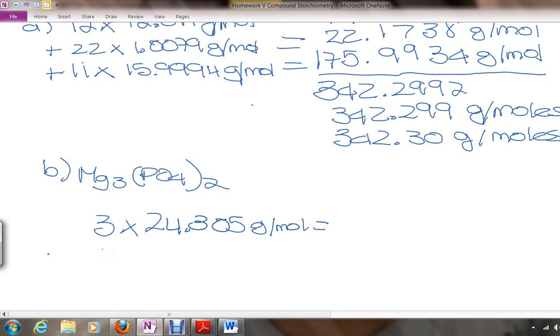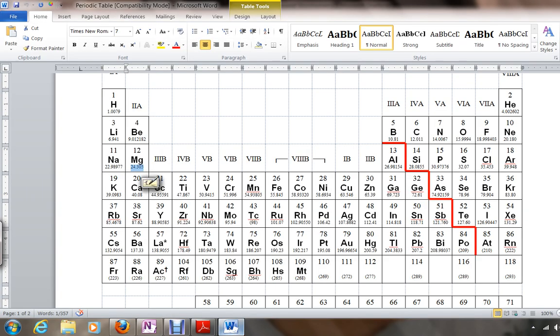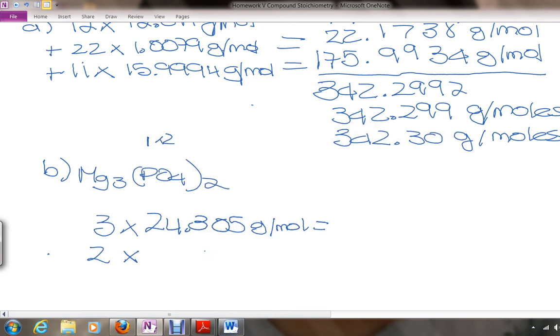And then the phosphorus, you would have 1 atom here multiplied by 2, because you have 2 PO4 in total. So multiply by the atomic weight of phosphorus, which is 30.973676.